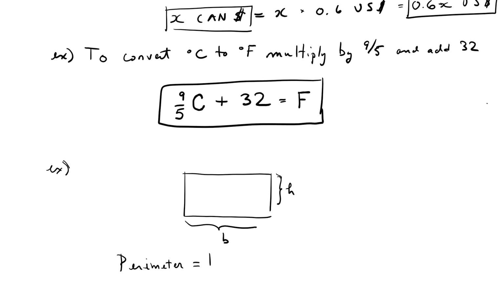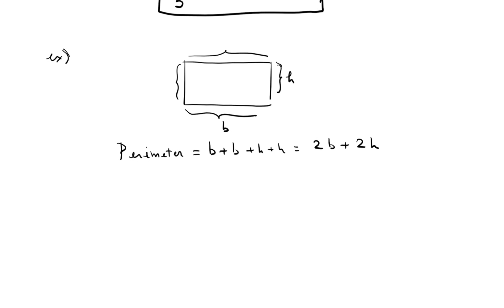Well, b shows up twice, right? b plus b and h plus h, which I could also write as 2b plus 2h. I'll come back to this example later on.